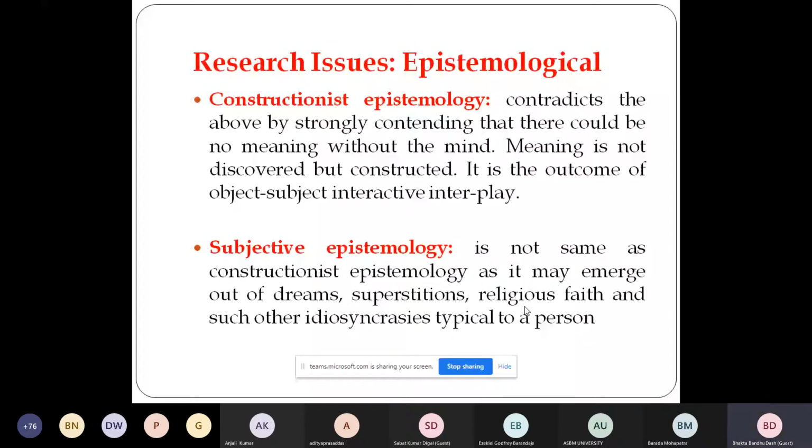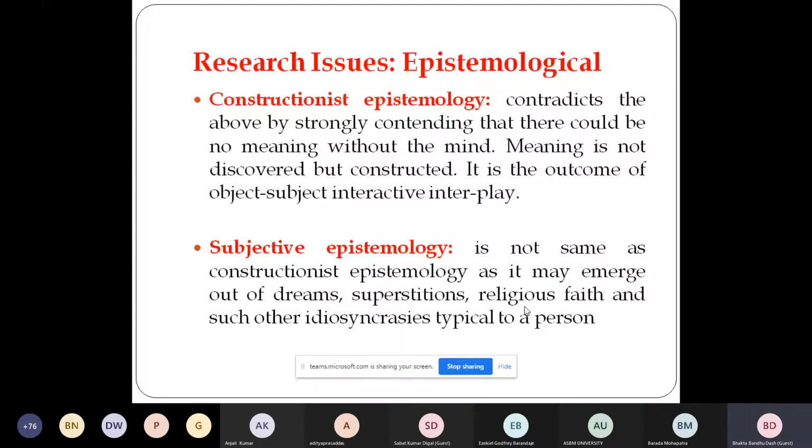The third one, which is somewhat philosophical in nature, is subjective epistemology. It is not like constructive epistemology, but it says that it is a process that emerged out of dreams, superstitions, religious faith, which is more idiosyncratic in nature.